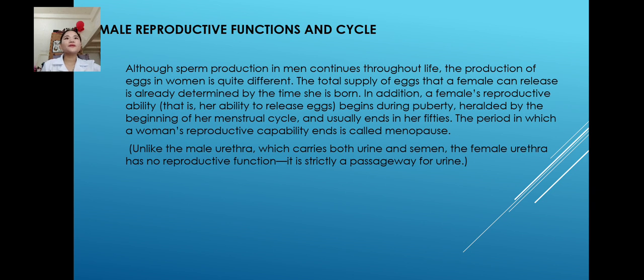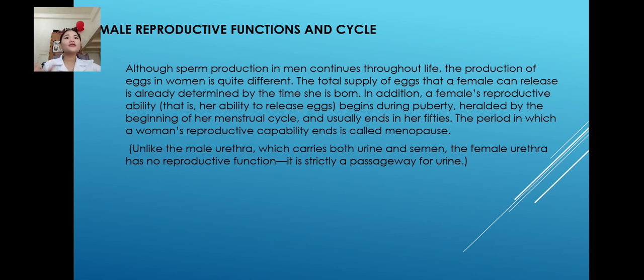So, the female reproductive functions and cycles. Although sperm production in men continues throughout life, the production of eggs in women is quite different. The total supply of eggs that a female can release is already determined by the time she is born.